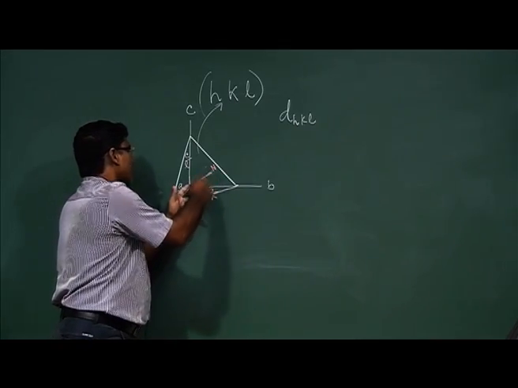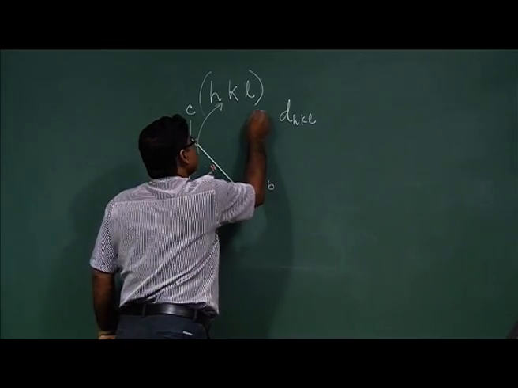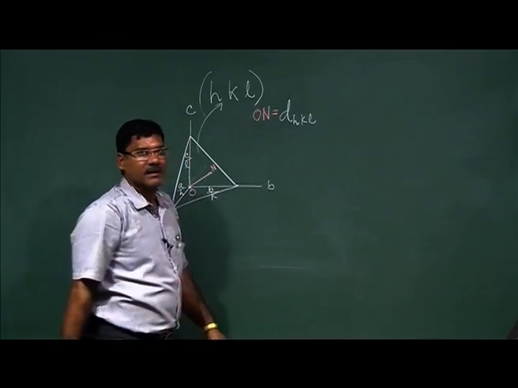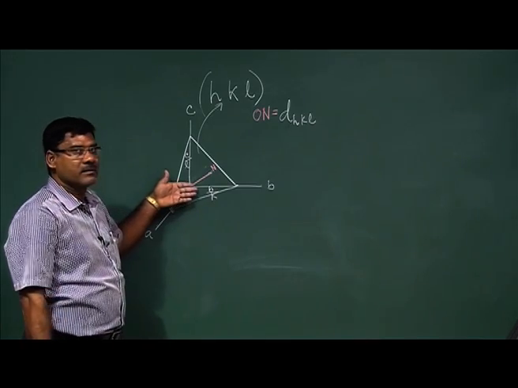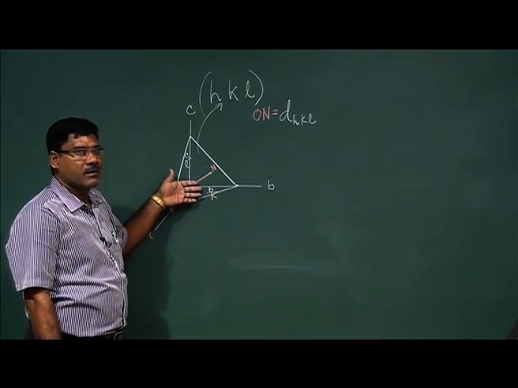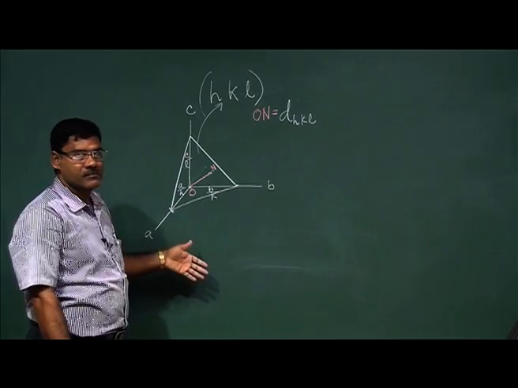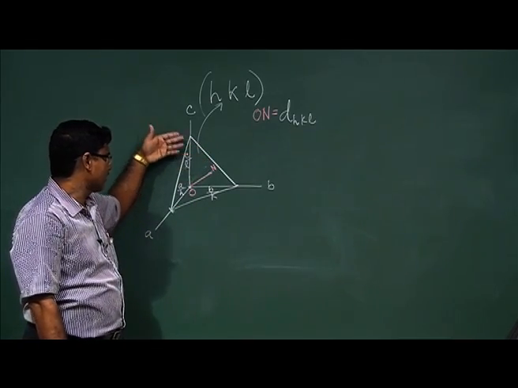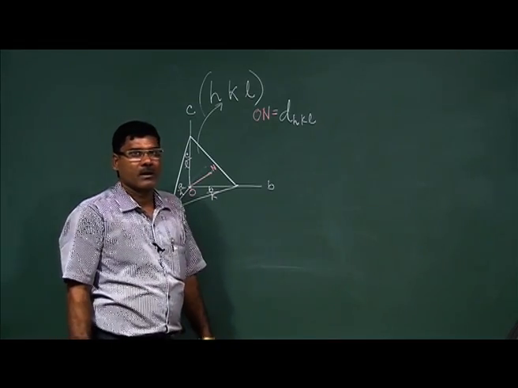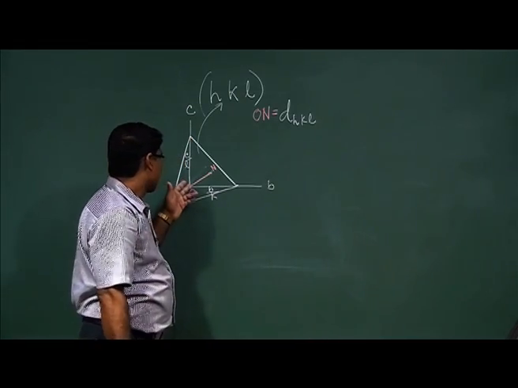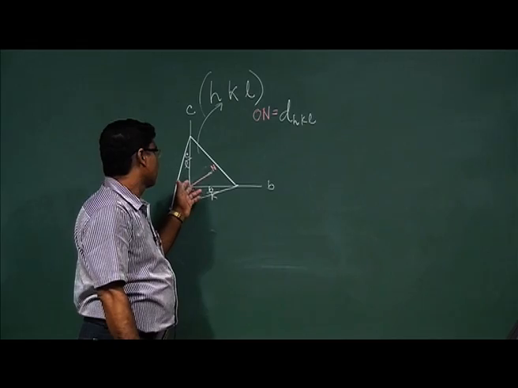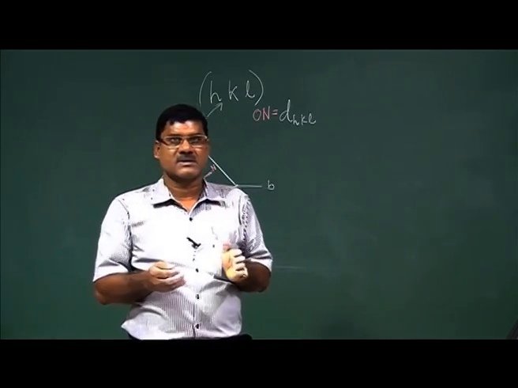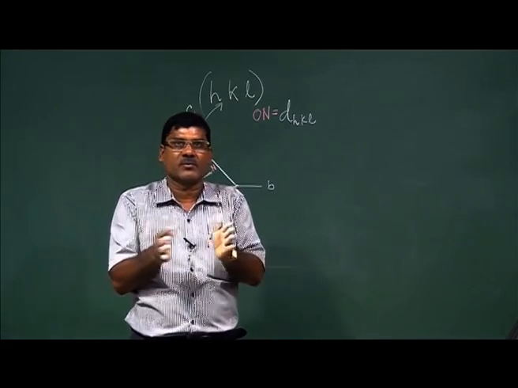So this ON will basically be DHKL, as I told, a parallel plane of this HKL plane passing through this origin. Then the normal from the origin on this plane, ON, is the perpendicular distance between two parallel planes.